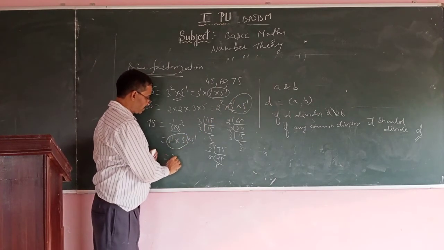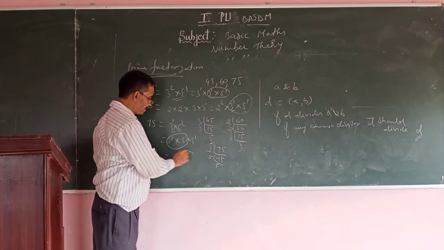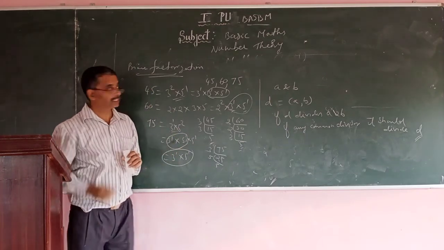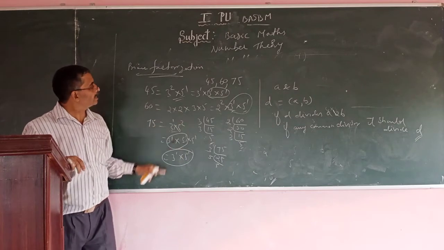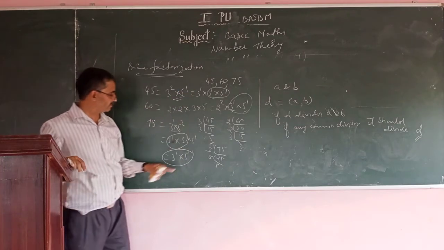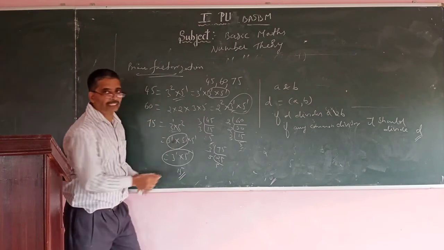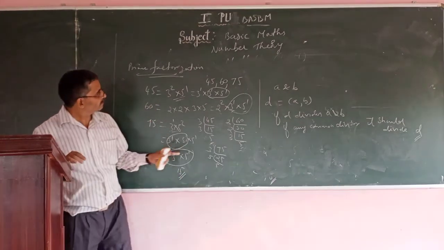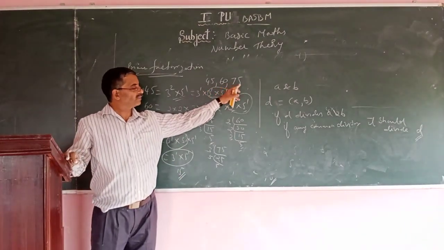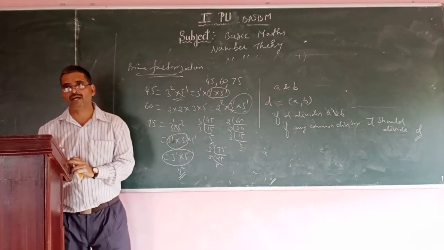So 3 to the power 1 into 5 to the power 1 is the GCD of 45, 60, 75. That is 15. So 15 is the GCD of 45, 60, 75.